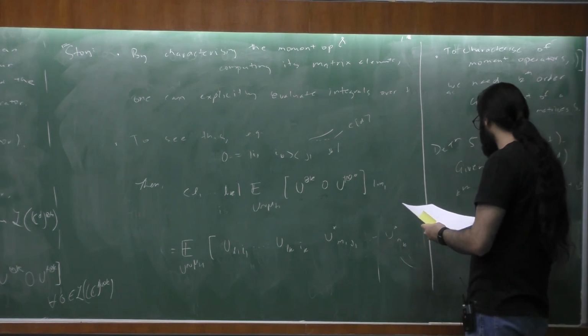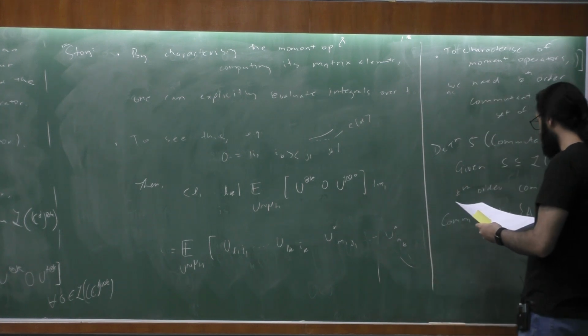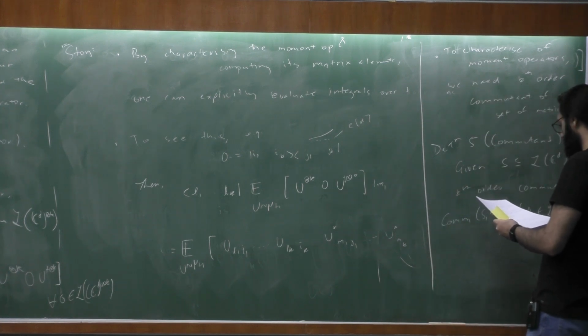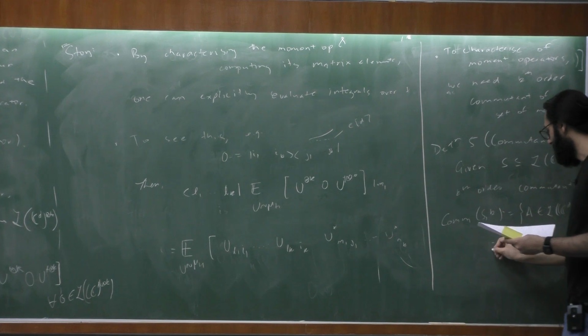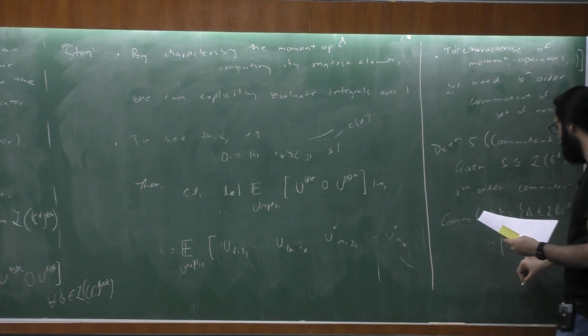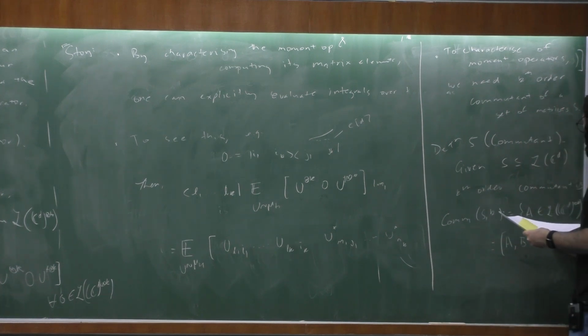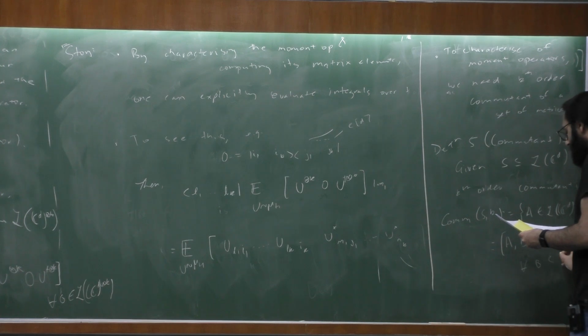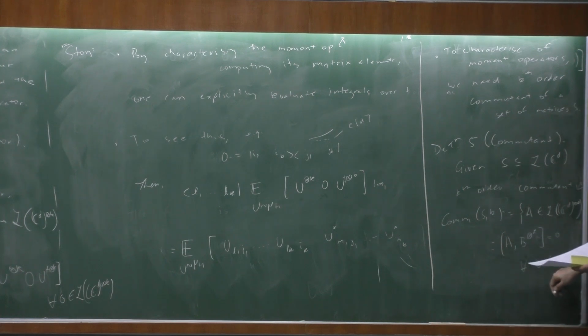The commutant is defined as the set of all A in the linear operators on (C^D) tensor K, such that A commutes with B tensor K for all B in the set S. So you take an element from the set S, you make K tensor copies. Your operator must commute with such an object for every B in the set. If that happens, then that A is in the commutant of S. Okay, that's the definition.